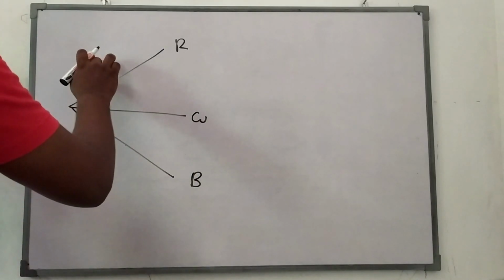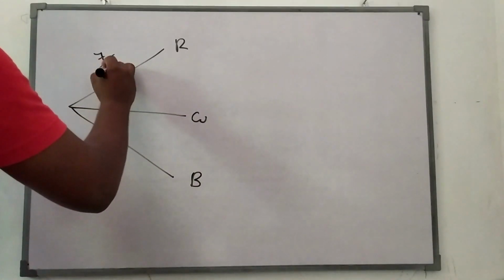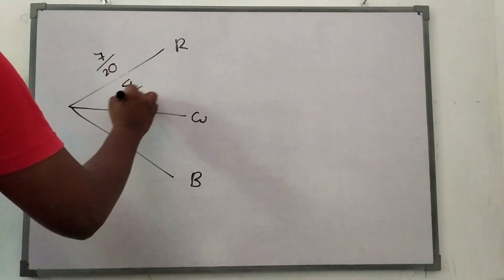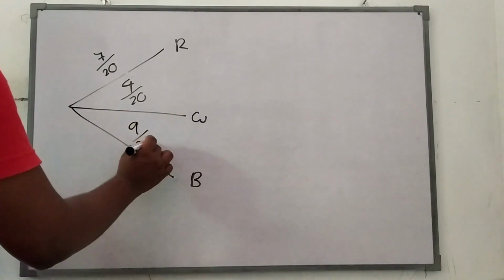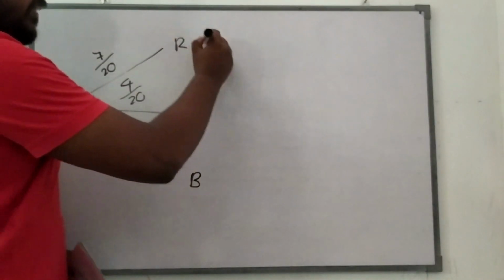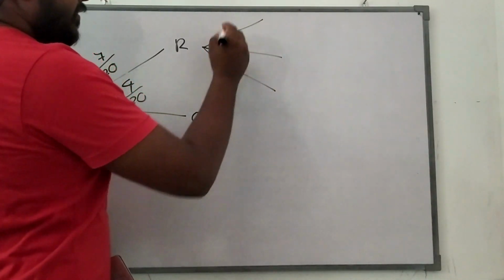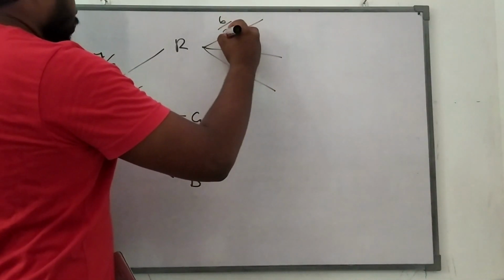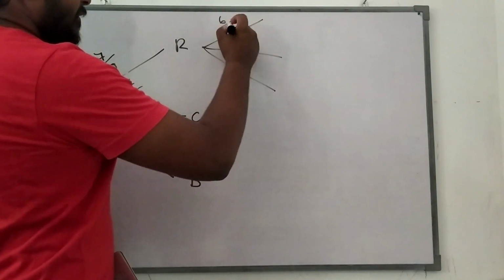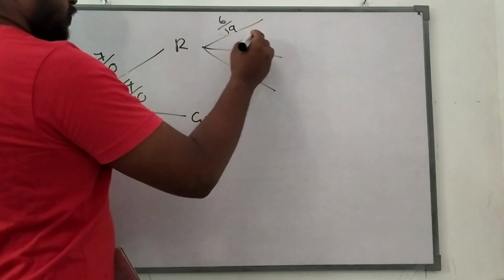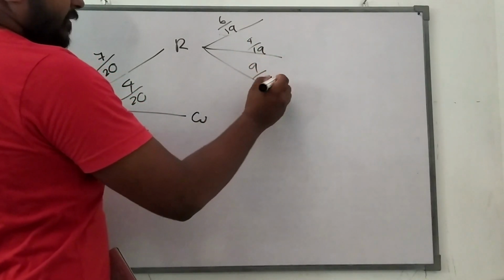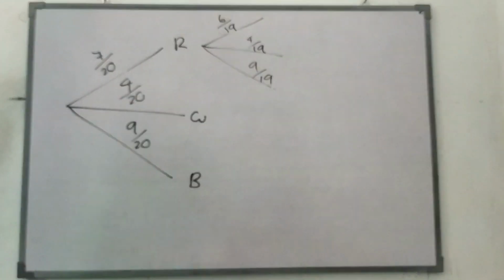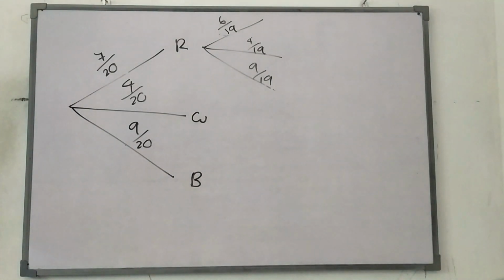Selecting the first ball, red is 7 over 20, white is 4 over 20 and black is 9 over 20. Selecting the second ball, red means 6 over 19, white 4 over 19, black 9 over 19. If you add these, 6, 4, 9, it will be 19, right?